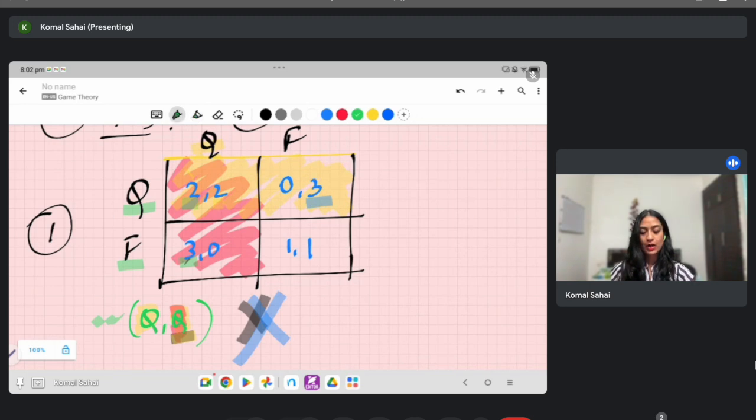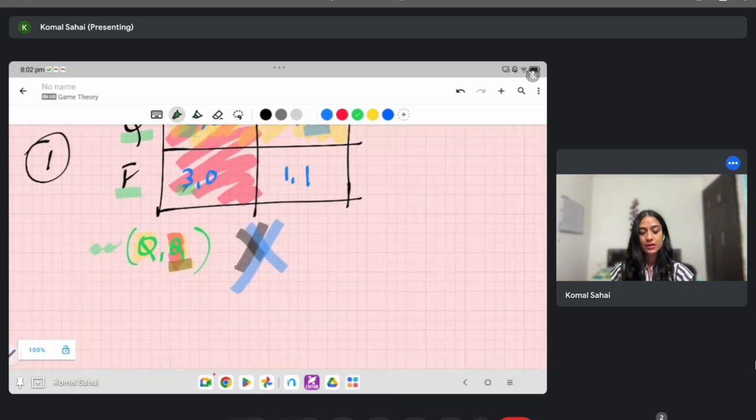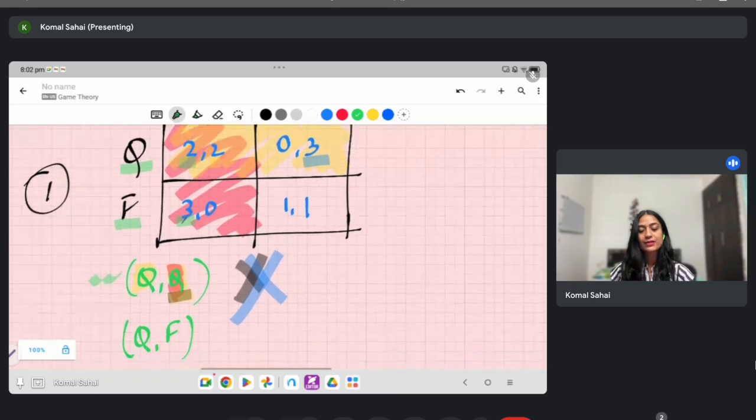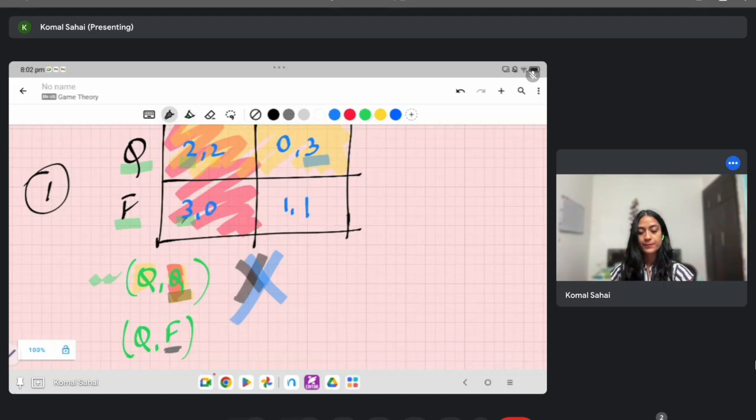Now let's move to another outcome, which is, let's go with quiet and fink, right? 4 outcomes हैं हमारे पास. So इस बार quiet and fink check करते हैं. ठीक है? So if it is quiet and fink, again let's think from the perspective of player 1. Now what player 1 is thinking कि भाई सामने वाला जो player है उसने fink choose कर रखा है, right?